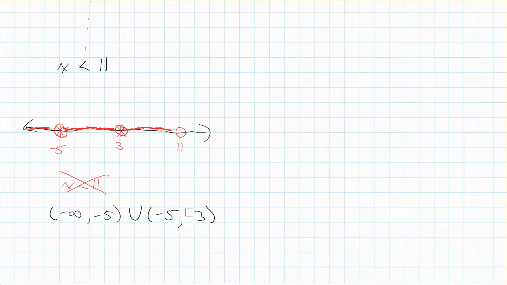Come on, there we go. Unioned with 3 to 11. So you do have to be careful with rational functions on whether or not the denominators are allowed as part of your answer.